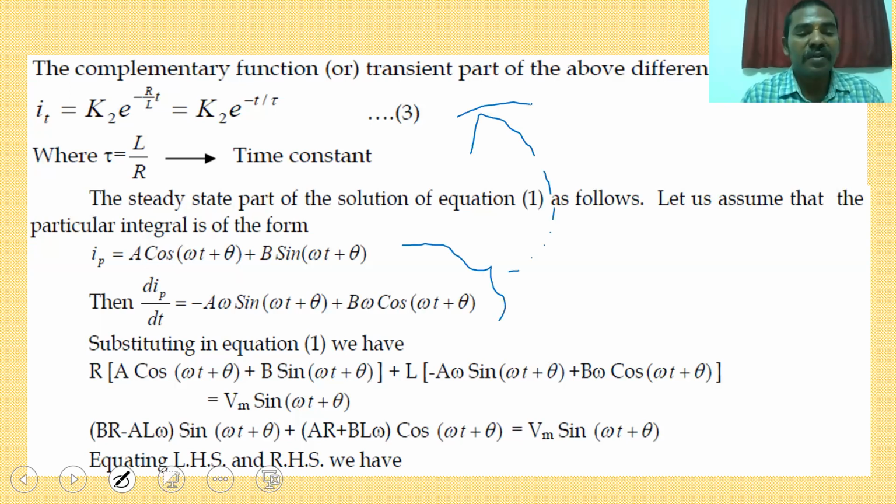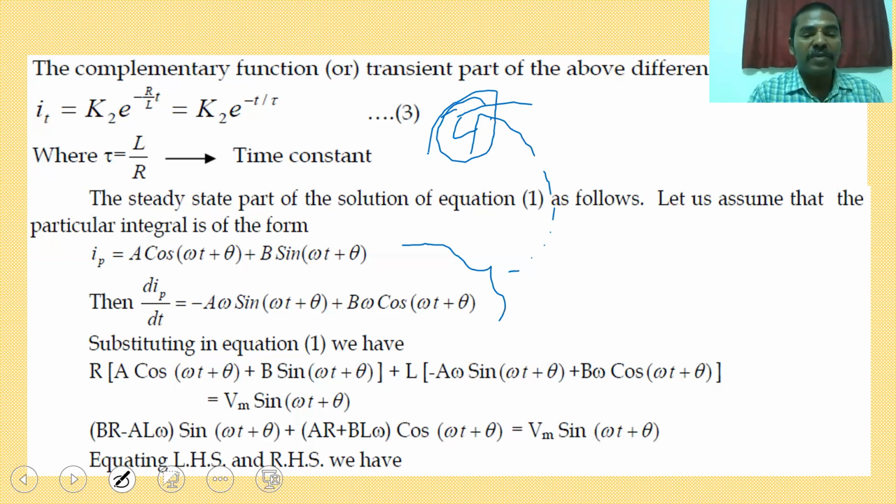So R into a cos omega t plus theta plus b sin omega t plus theta, plus L into minus a omega sin omega t plus theta plus b omega cos omega t plus theta, is equal to Vm sin omega t plus theta.